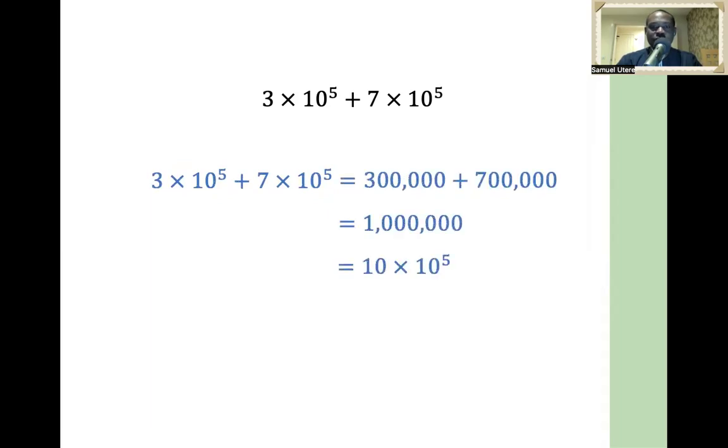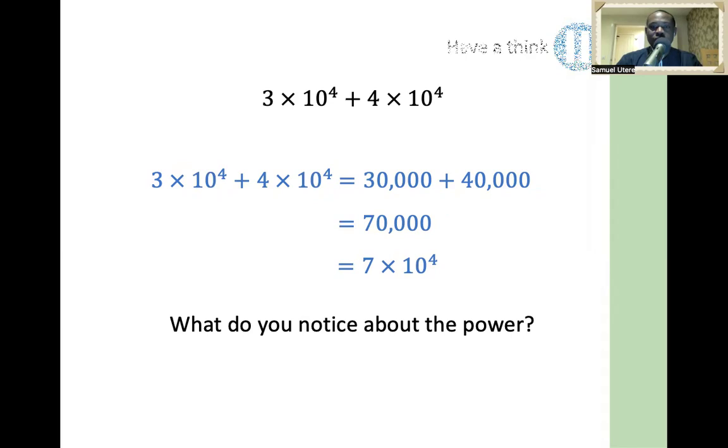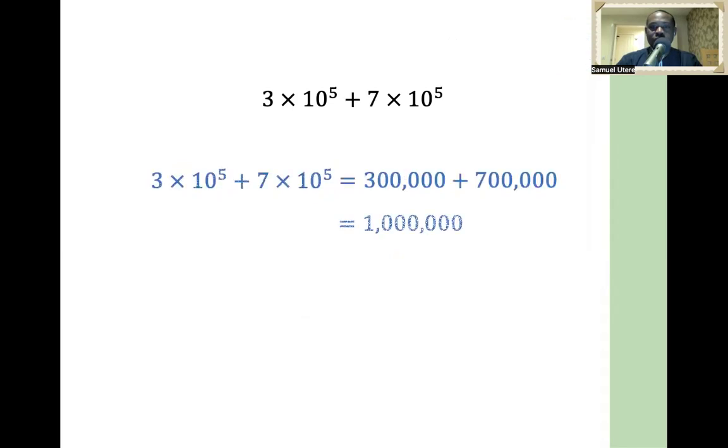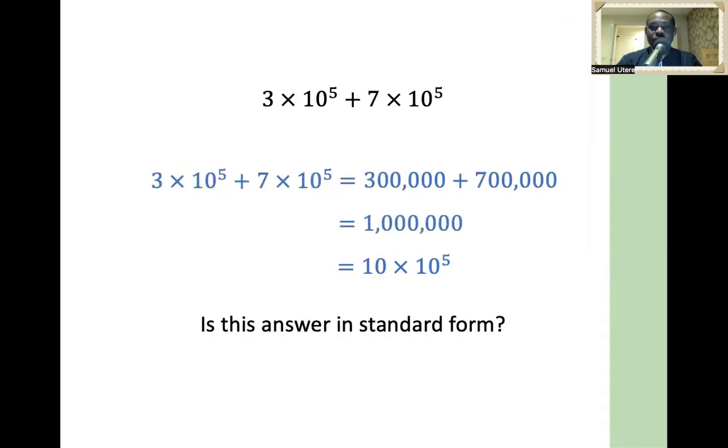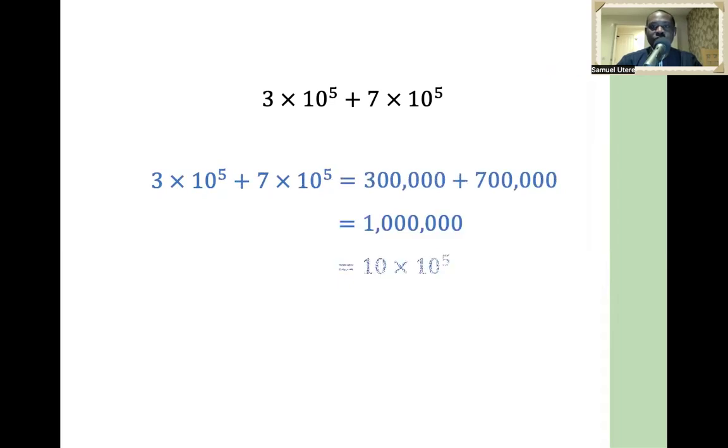But is this in standard form? Of course not. So your answer must be in standard form, which is actually 10 times 10 to the power 5, which is 1 times 10 to the power 6. Okay. Why is that the case? Of course, we'll learn some more when we start to do standard form conversion.